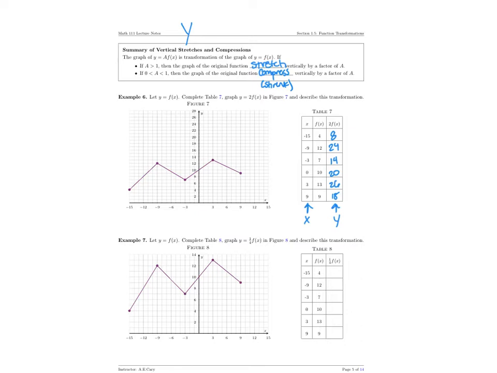So let's see, I'm going to pull my paper closer to me. It's going to be 8, yeah, 24, 14, 20, 26.